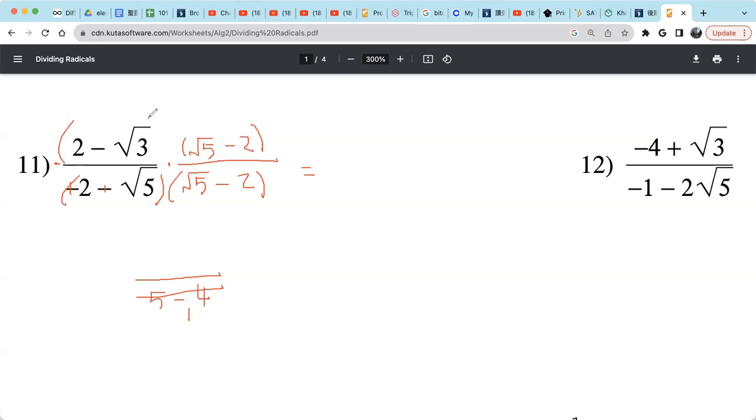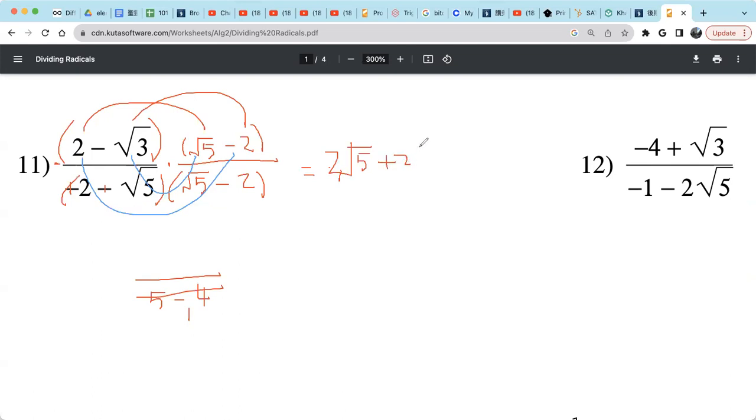Now we have to perform the smile. Remember the smile? 2 times square root of 5, negative 3 times 2. Then multiply these 2, multiply these 2. 2 times radical 5, so 2 radical 5. Then negative radical 3 times negative 2 becomes positive.